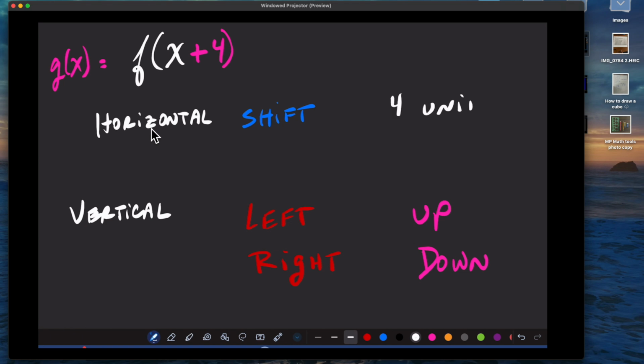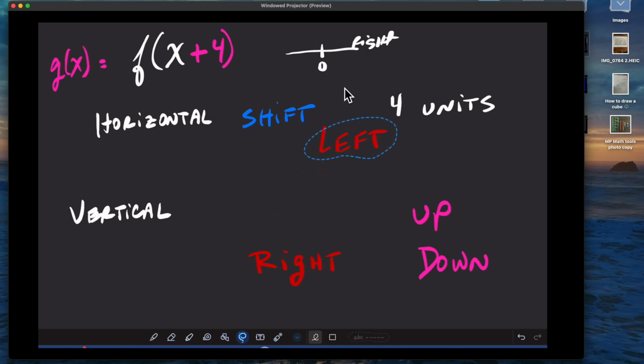The question is, is this going to be left, right, up, or down? Well, we know it's going to be left or right because this is a horizontal translation. Now the question is left or right. Normally, if you look at a number line, the positive side of the number line is on the right. However, when we're dealing with horizontal transformations, we're going to switch that to left. So this is going to be a horizontal shift left 4 units.